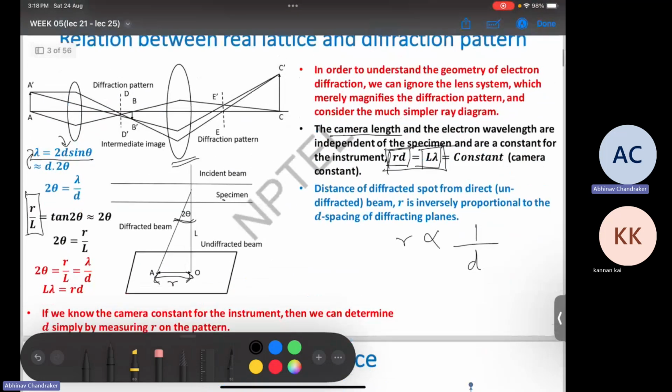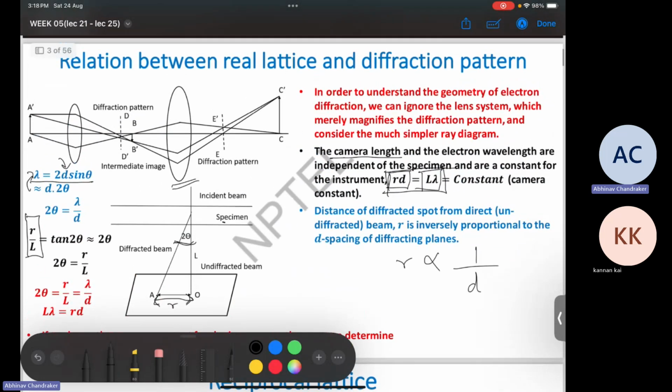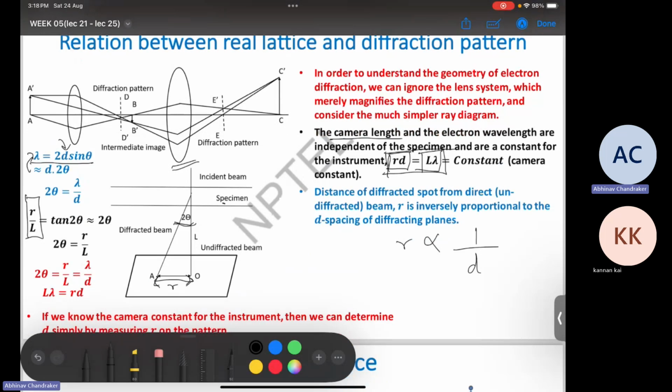And this is actually very important because this is the basis of getting to know the interplanar spacing in the crystal which you are investigating using TM.